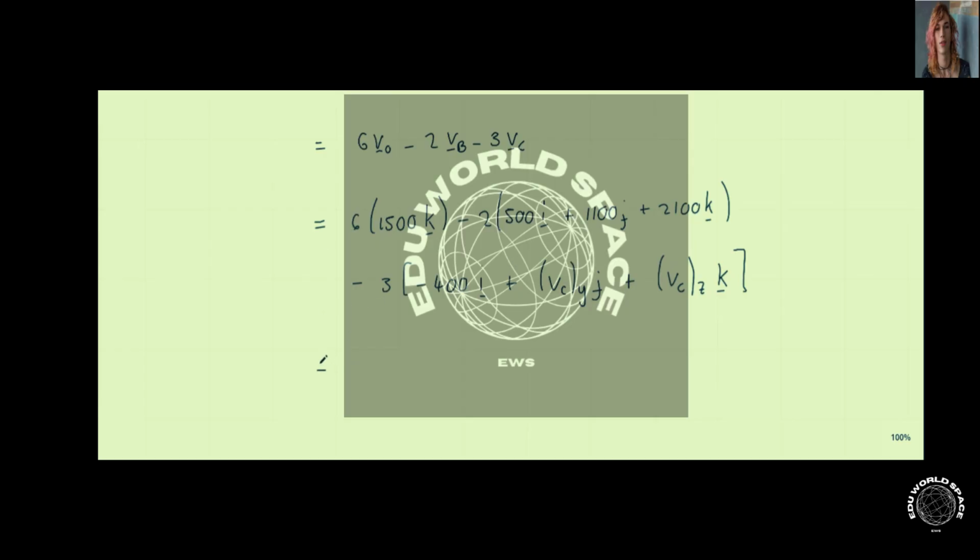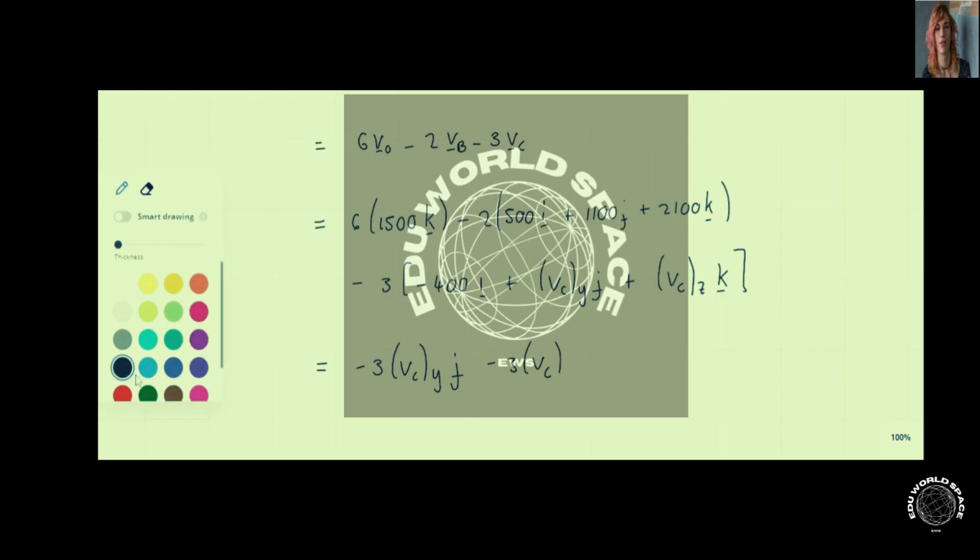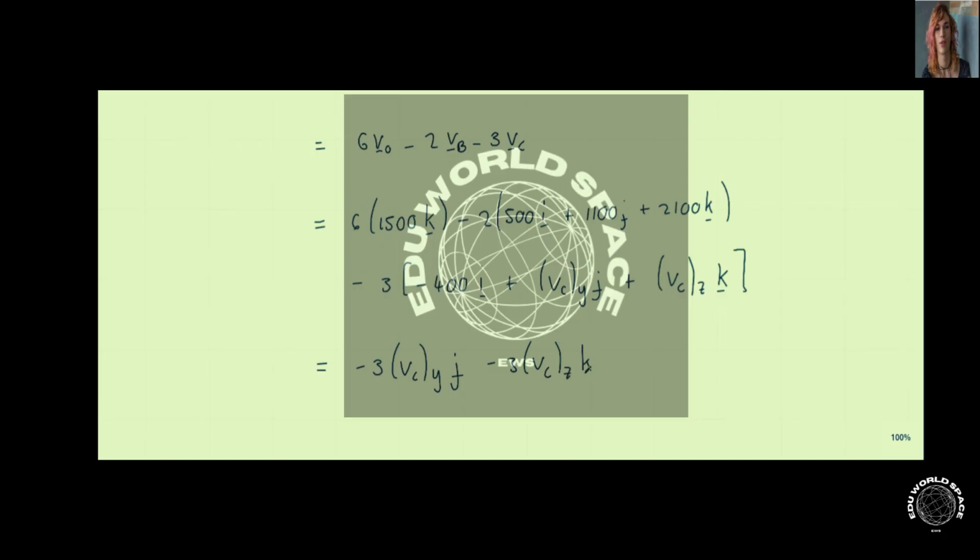And so this simplifies into minus 3 VCy in the j direction minus 3 VCz, the z component, multiplied by basis vector k, plus 200 I minus 2200 j plus 4800 k.